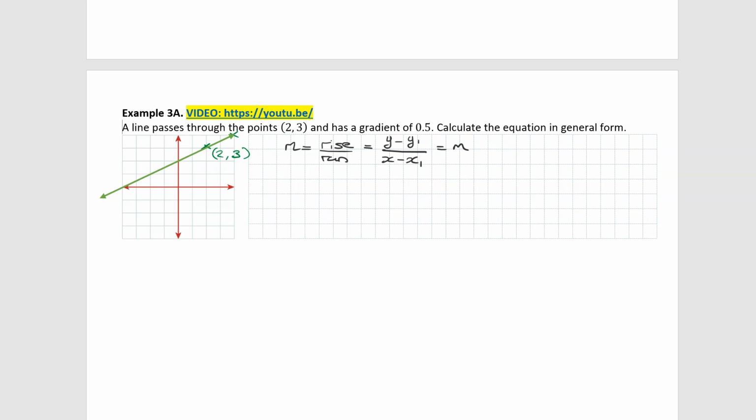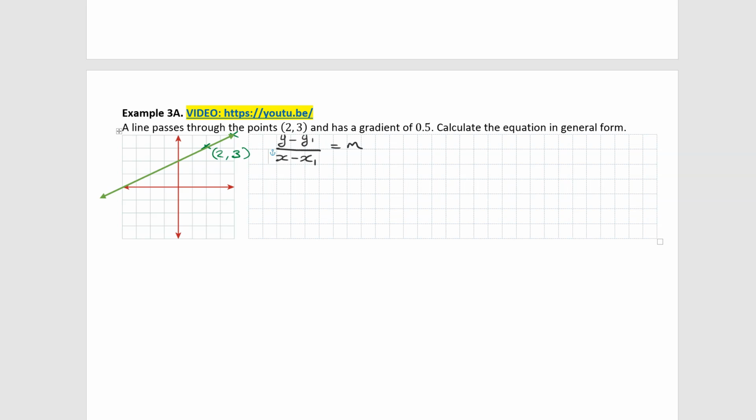So effectively we're using the gradient formula, rise over run, to derive the general form.